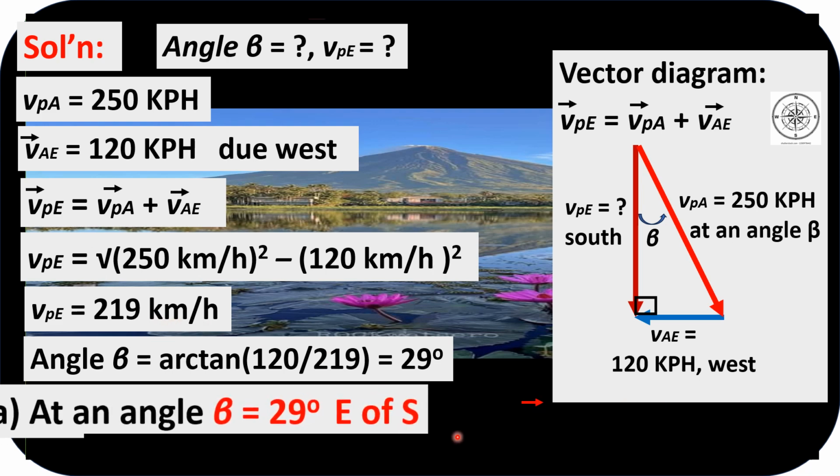And so our final description of the ground speed of the plane: we say it is flying at a magnitude of 219 kilometers per hour due south. So that completes our answers to this problem.